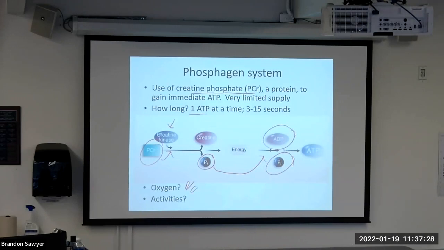As soon as you start exercising, that stored ATP starts getting broken down into ADP and phosphate. Right? So as soon as we start having a lot of this show up, then that stimulates creatine kinase to start doing its job of just pulling that phosphate off the creatine, making more ATP for us. Right? We'll find that all of the energy systems are really stimulated by things like that, byproducts of breaking down ATP.